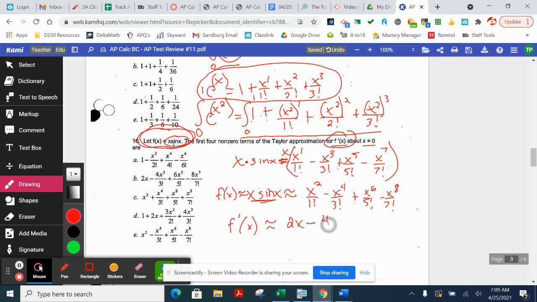Then I would get 4x cubed over 3 factorial plus 6x to the 5th over 5 factorial minus 8x to the 7th over 7 factorial. That's what we're looking for. The first four non-zero terms for f prime of x. So if we now look at that and start looking for that answer, we should see that that matches up to letter B.